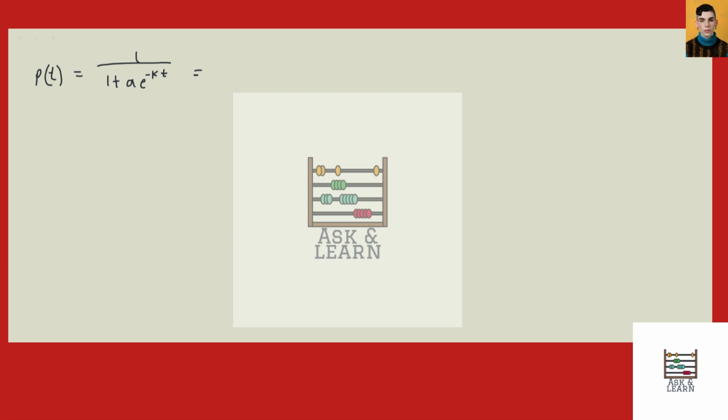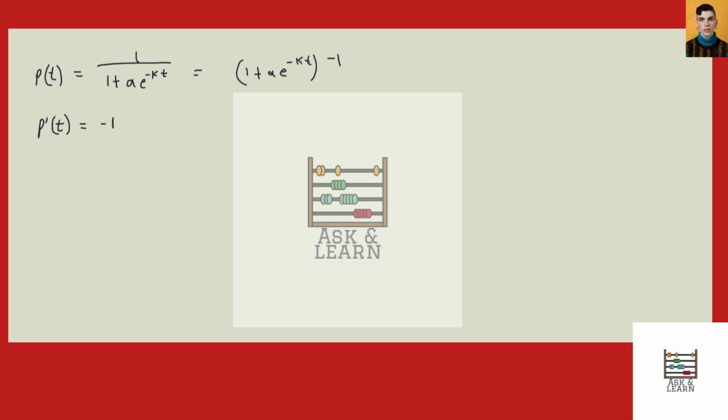So remember, this can actually be rewritten as 1 plus a e to the negative kt all to the negative first power. So to take this derivative, we're going to go ahead and use chain rule as well as power rule. So the first derivative is going to be p prime of t.